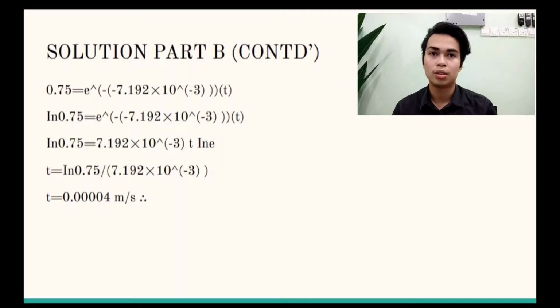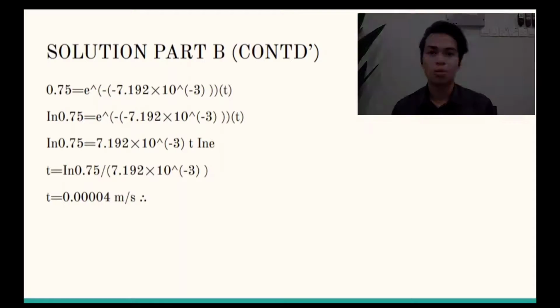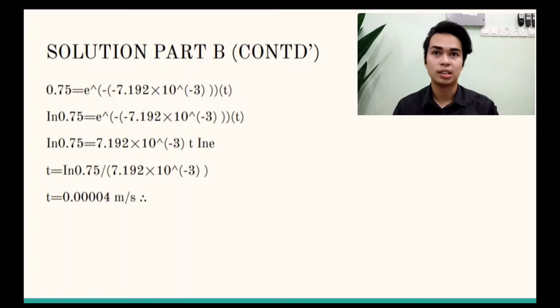And lastly, we need to find the value of t by using the same equation, but substitute the k value into the equation. So we calculate and we can get the t value, which is equal to 0.00004 meters per second.